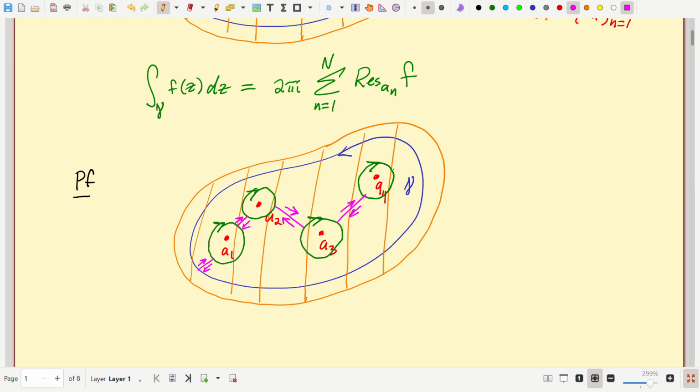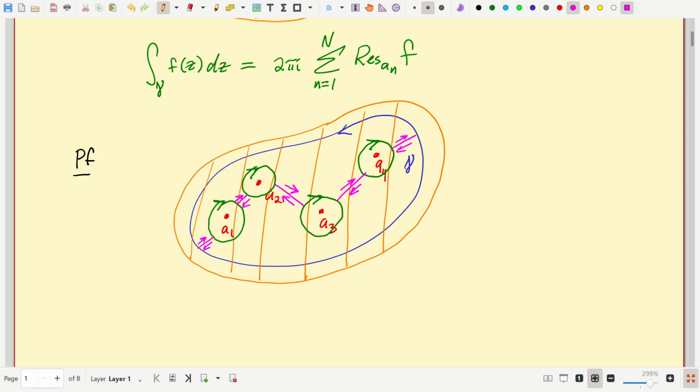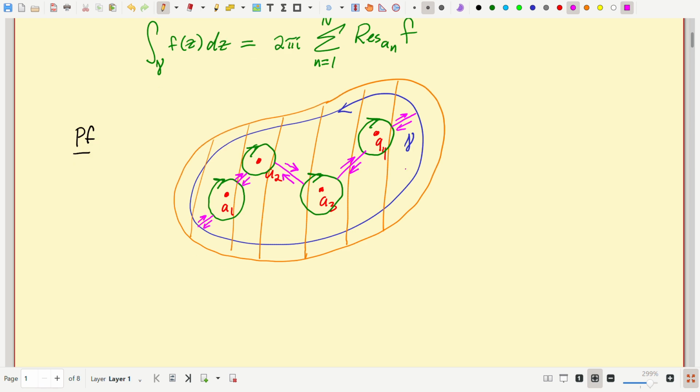And finally, I connect to this side. When I add up those 2 halves, the top half and the bottom half, the little purple line segments cancel because they're going in opposite directions. And I get the blue, the gamma is a counterclockwise curve, and the green ones are clockwise.